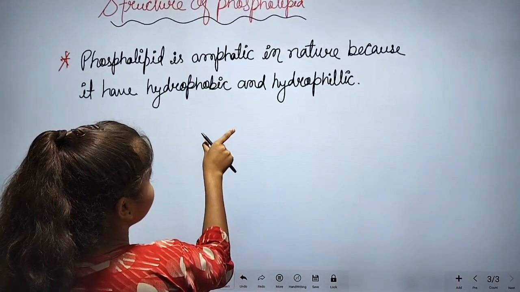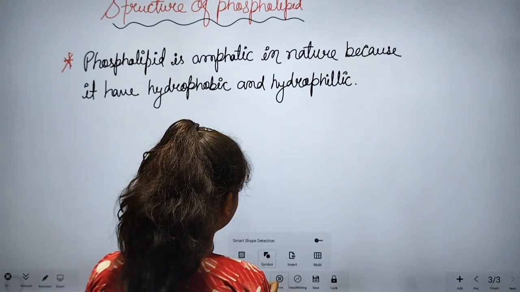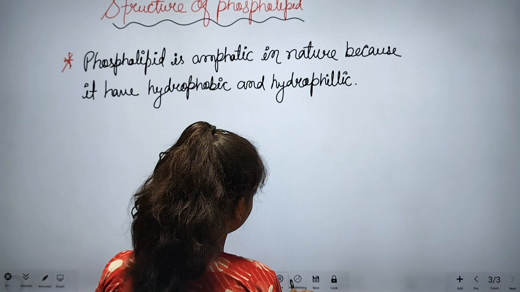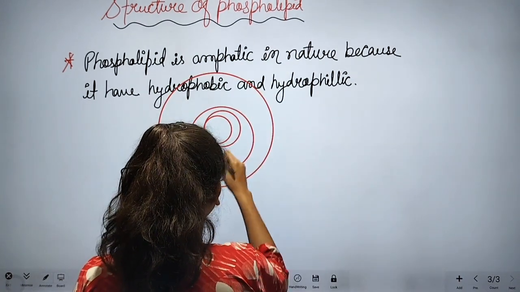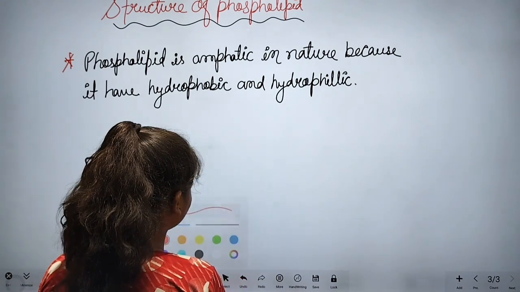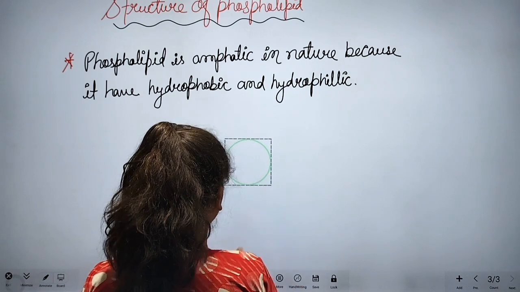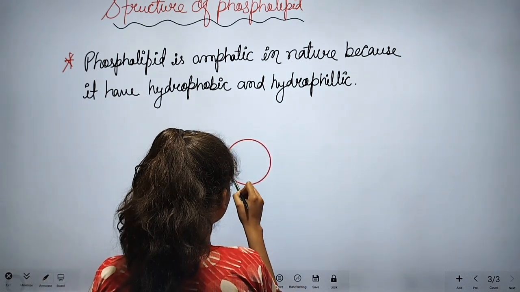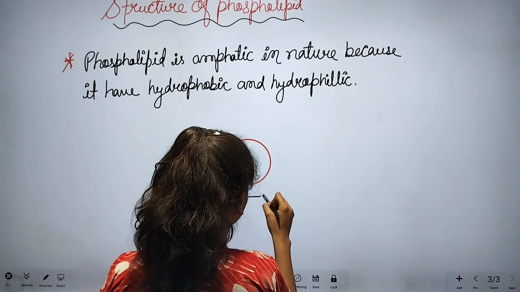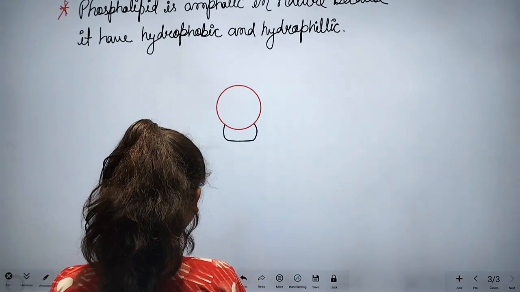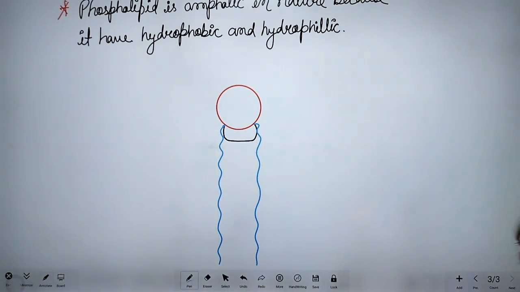So first of all draw a circle, and then this one is the structure of phospholipid.